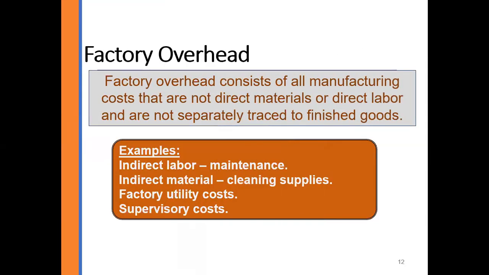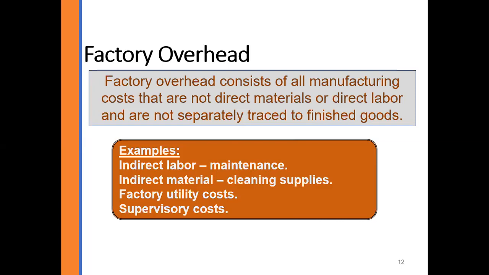All right, factory overhead. If it's not a direct material, if it's not direct labor, then it falls into this factory overhead cost bucket, right? So if it's not direct material, if it's not direct labor, by default it falls into factory overhead. So factory overhead includes a lot of these different costs associated with the factory, except for direct materials and direct labor.